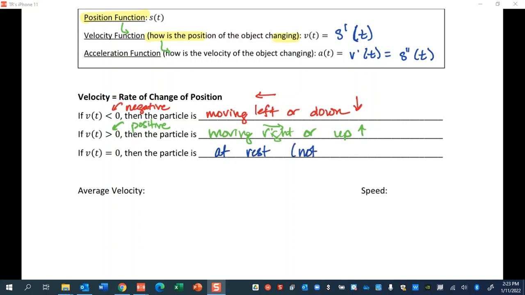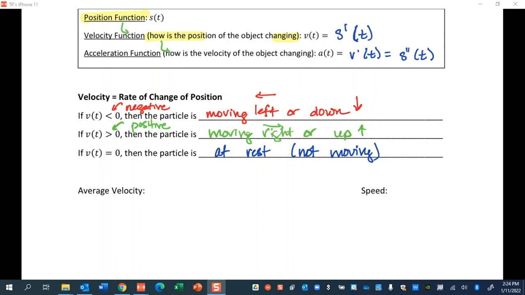And we say that it's not moving at that instant. So when that froggy spends that minuscule amount of time where he's not moving up but hasn't changed to moving down yet, that velocity of 0, that moment in time, that instant, is where he's at rest.